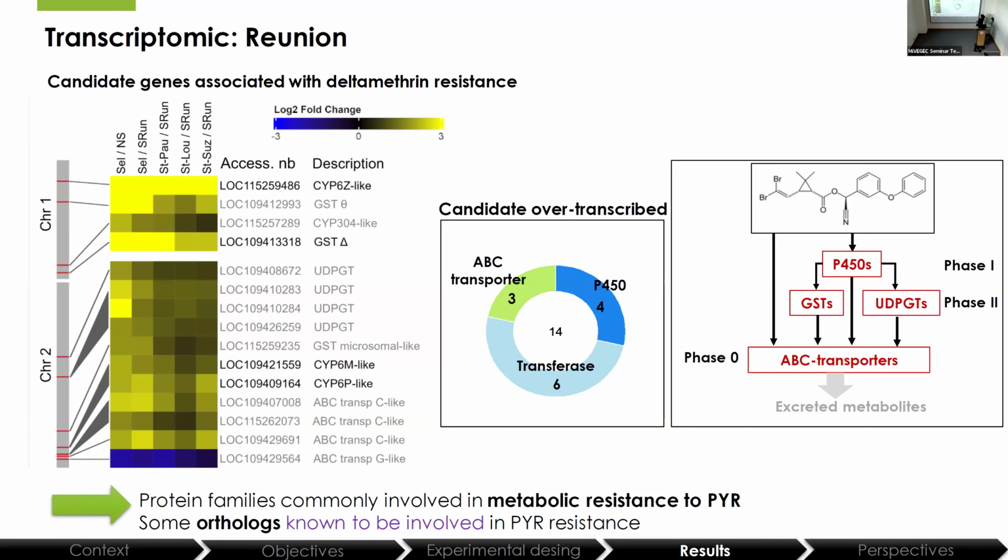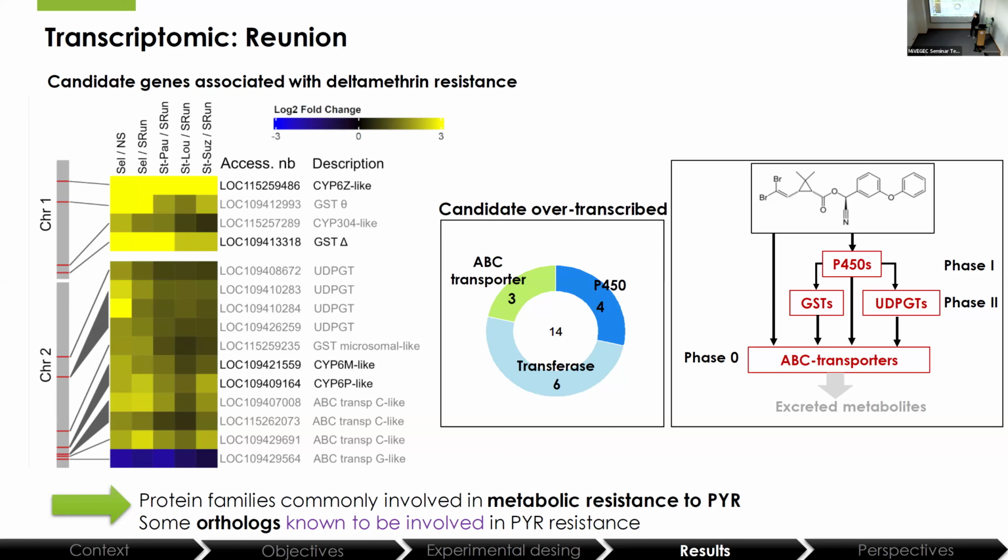For La Réunion Island, all the candidate genes belong to chromosome 1 and chromosome 2. There are 3 chromosomes in Aedes albopictus. And some of them are in clusters, like those UDP-GTs, those CYP6s, and those 2 ABC transporters.